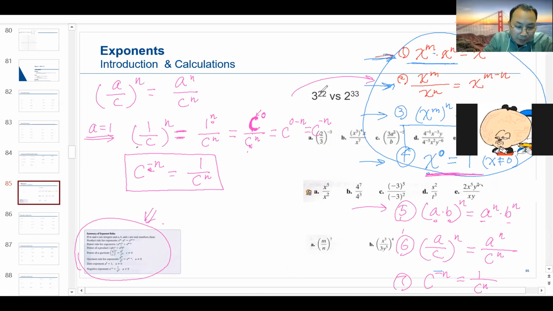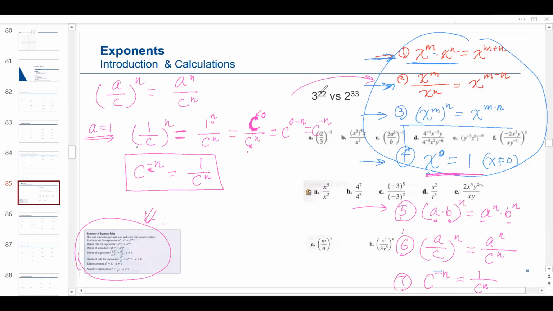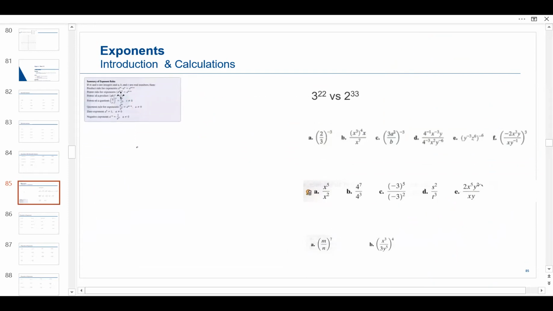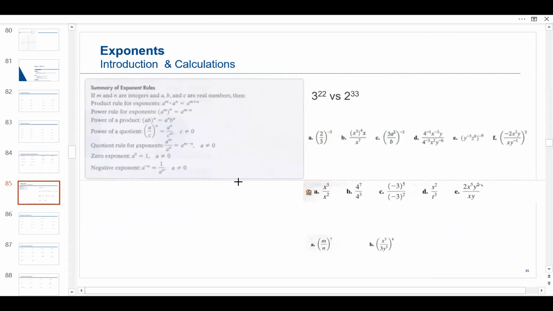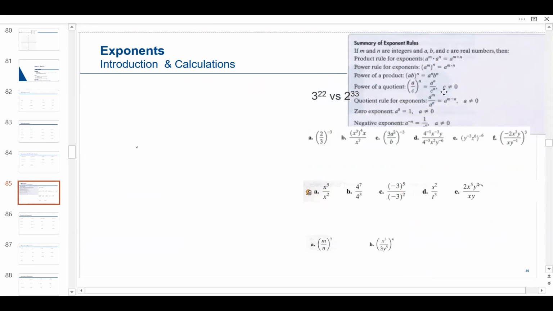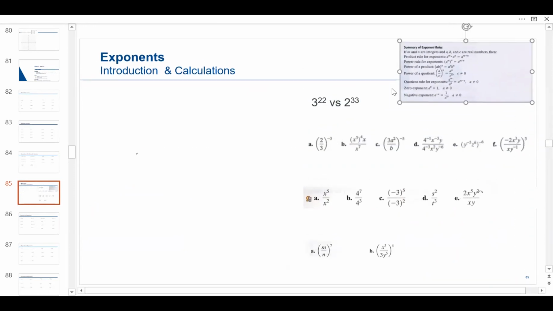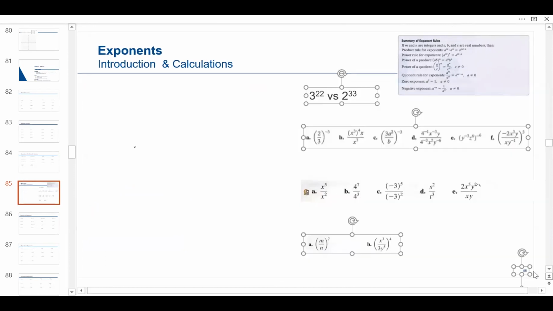Print screen this one, all right? And then we will talk about the examples. All right, so I will clean the screen. Actually all the power laws, the exponent rules, are all here. Let me put it in the top right corner so you guys can find it. All right, let's see some examples here.